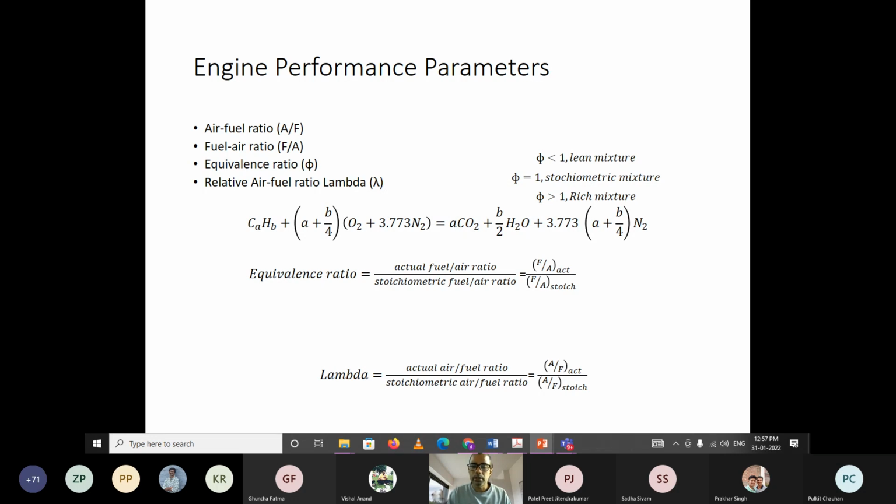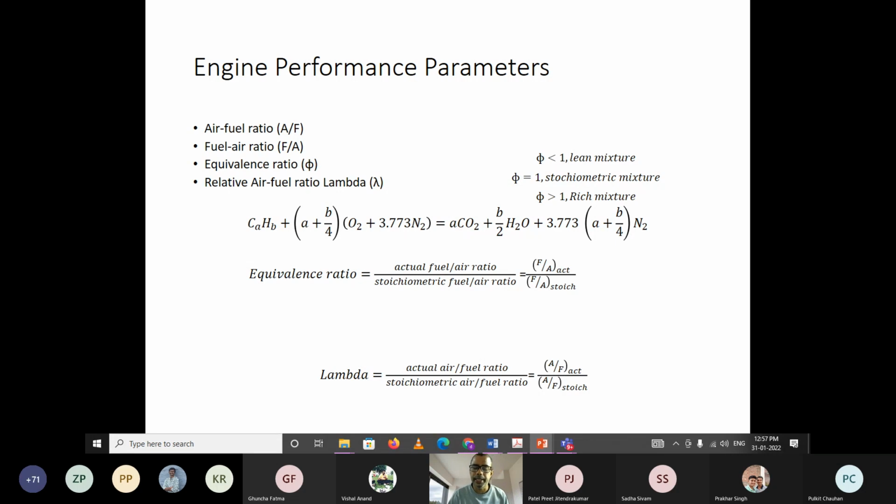You can calculate the stoichiometric air fuel ratio for different fuels also. Take ethanol, for example. Nowadays some part of the ethanol is already being used with the gasoline.